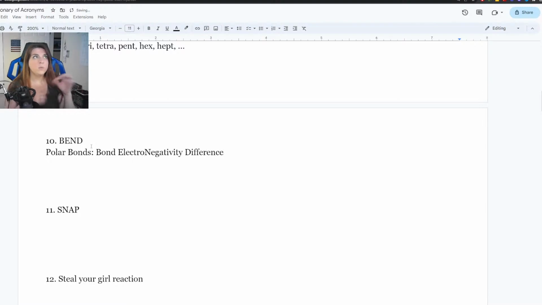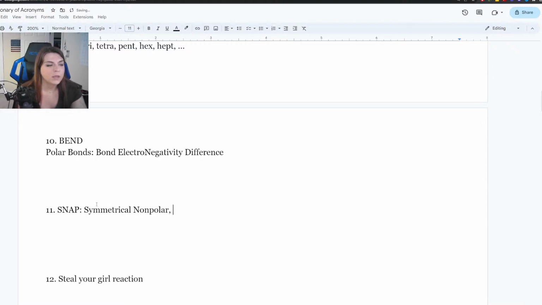If you have to figure out if a bond is polar or nonpolar, you just subtract their electronegativities from Table S. SNAP: if a molecule or if a bond is symmetrical, then it will be nonpolar. If it is asymmetrical, meaning it's not symmetrical, then it will be polar.